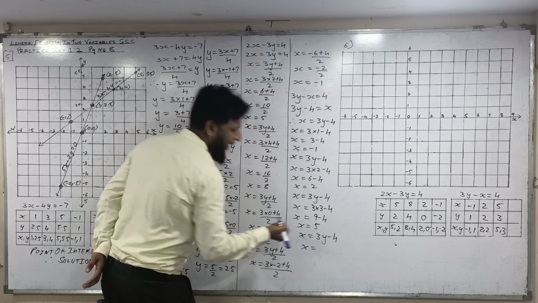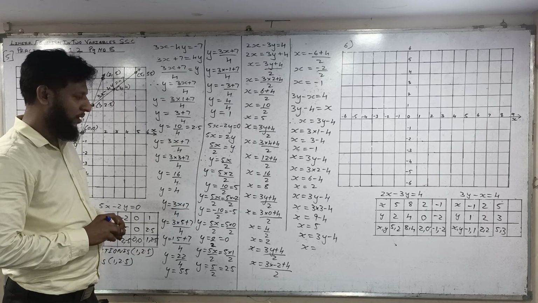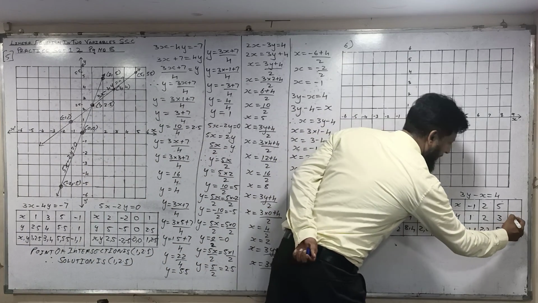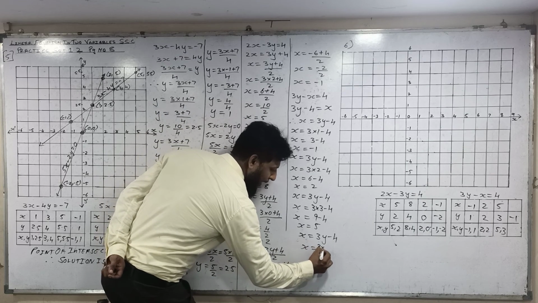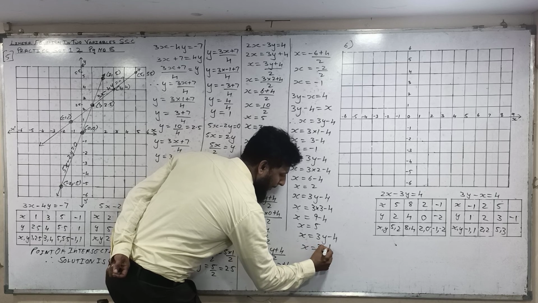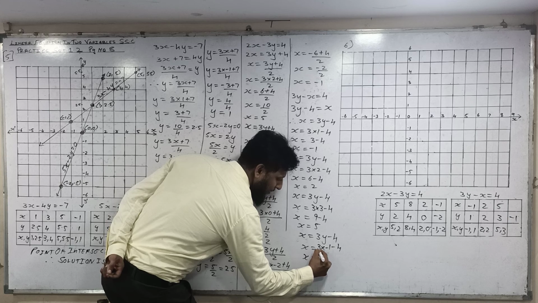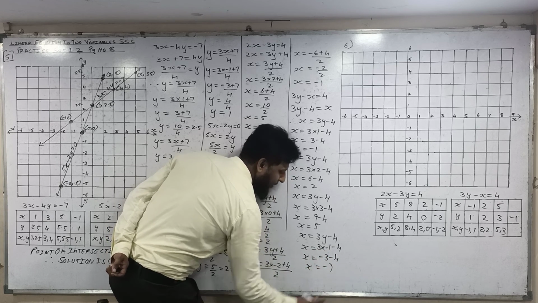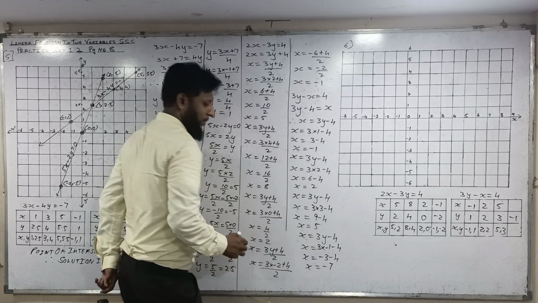If I take y value minus 1: 3 into minus 1 is minus 3, minus 4, so x is equal to minus 7.